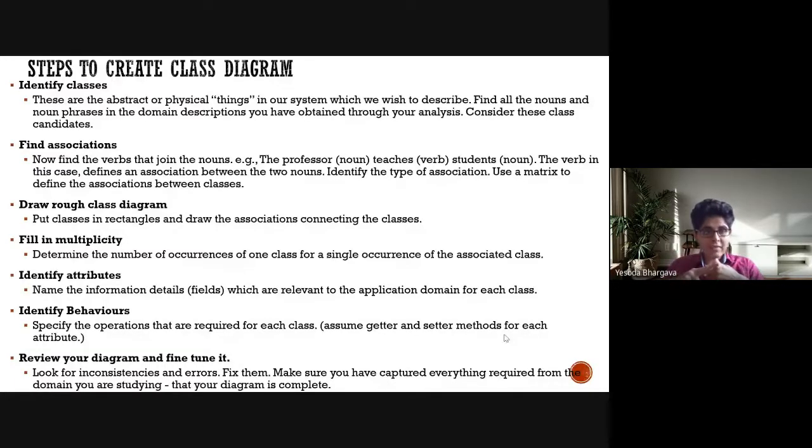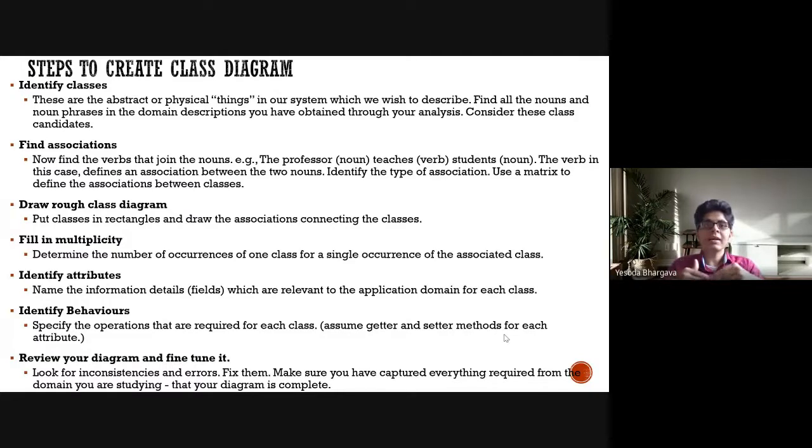So you have identified the classes, you have tried to identify the associations. One thing to remember is that since association can be a simple association, aggregation, or composition, it cannot always be easy to identify the deeper level of associations.